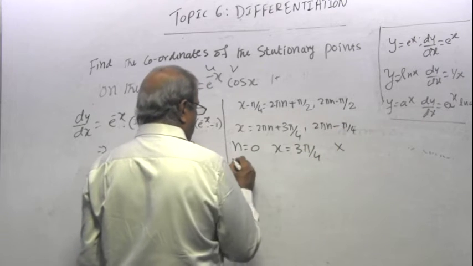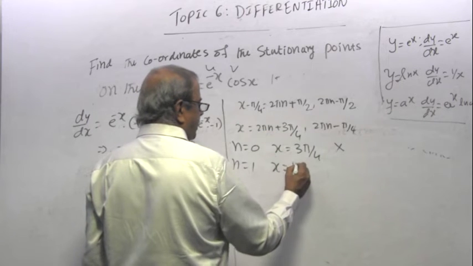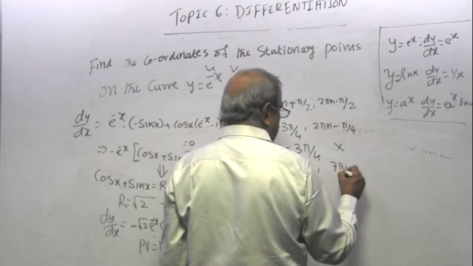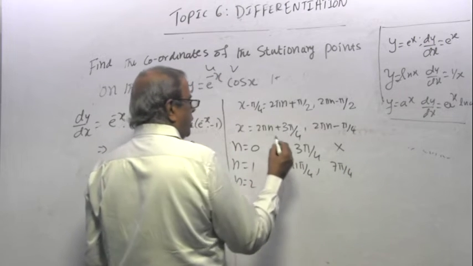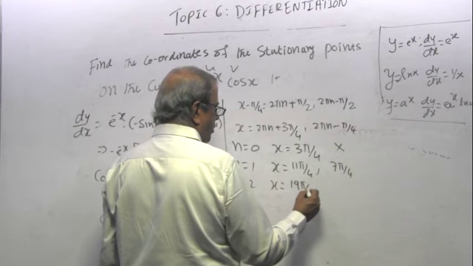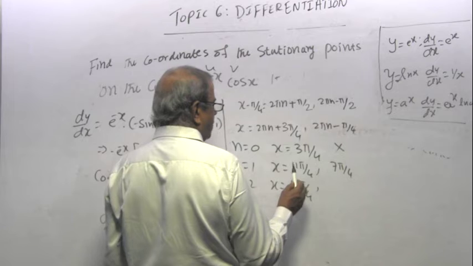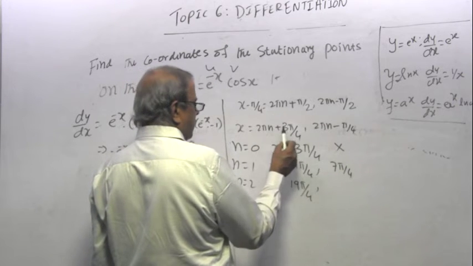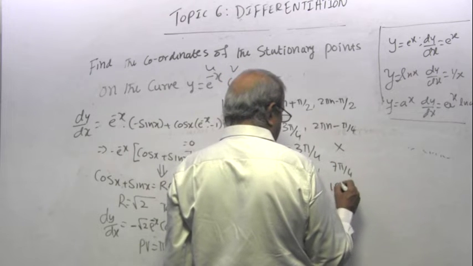That's out. Put n equal to 1, x equal to 4 times 2 plus 3, 11 pi by 4, 4 times 2 minus 1, 7 pi by 4. N equal to 2, x equal to 2 to the 4, 16 plus 3, 19 pi by 4, 16 minus 1, 15 pi by 4.